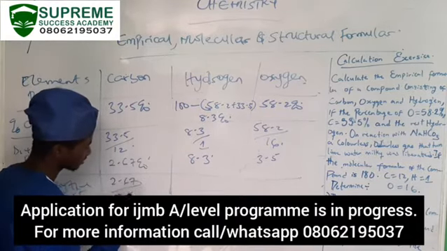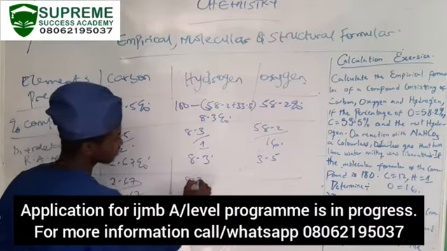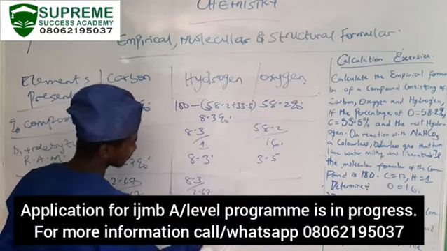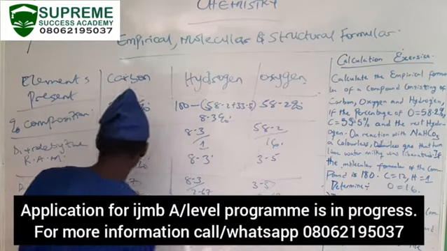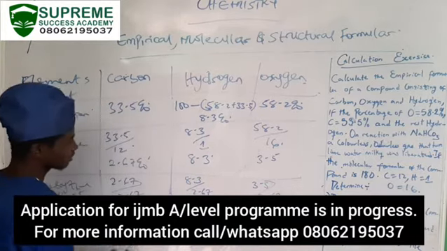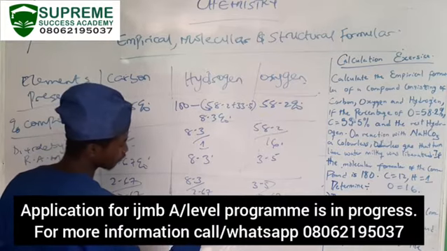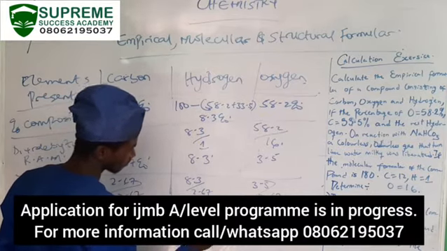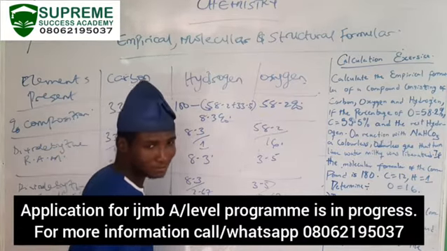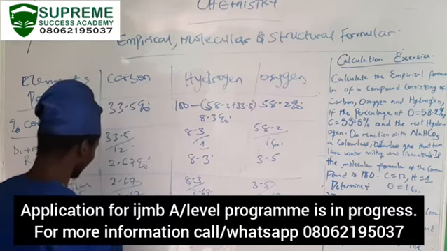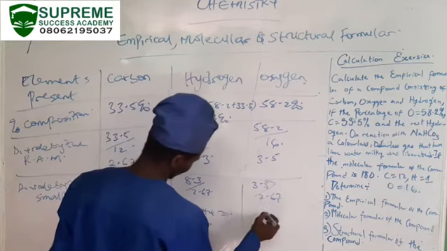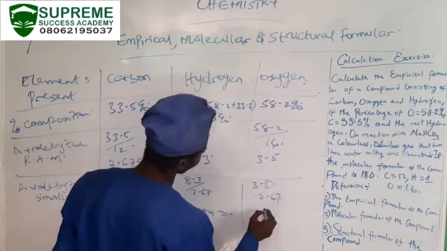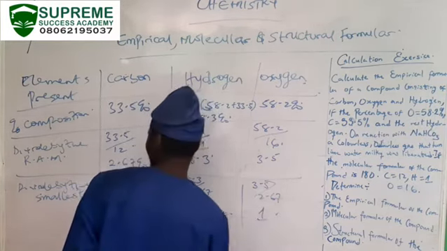So 2.67 over 2.67 gives 1. 8.3 divided by 2.67 gives approximately 2.44, which is approximately 2. And 3.5 divided by 2.67 gives approximately 1.